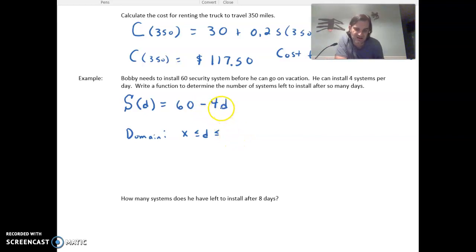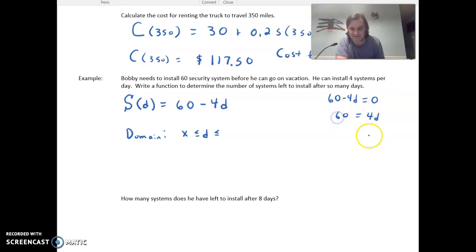Because if we put in too big of a number for D, we're going to eventually be subtracting more than 60. So if we put in 100 days, that means he has negative systems to install, which doesn't make a lot of sense. So I'm just going to know, and just kind of show you a little bit, that he cannot be left with less than 0 systems, and that's the output.